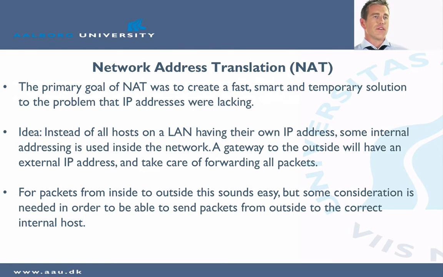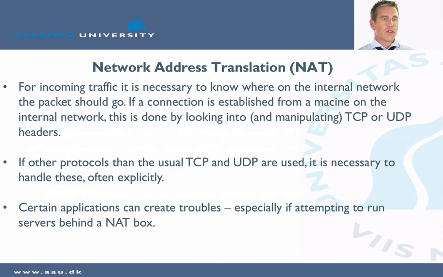So for incoming traffic, it is necessary to know where on the internal network the packet should go. If a connection is established from a machine on the internal network, this is done by looking into and manipulating the TCP and UDP headers. If other protocols than the usual TCP and UDP are used, then we must often handle these explicitly.